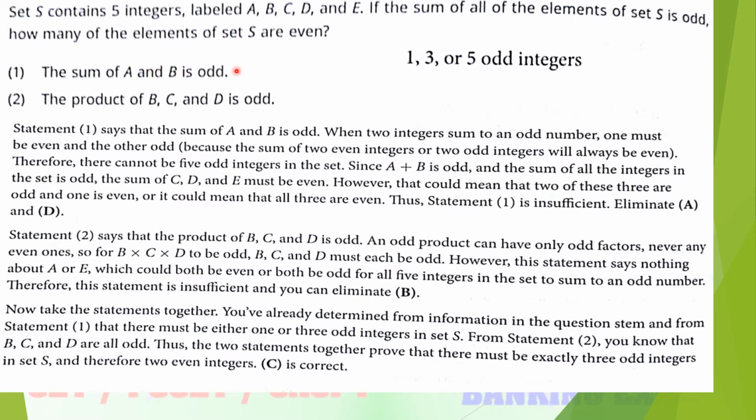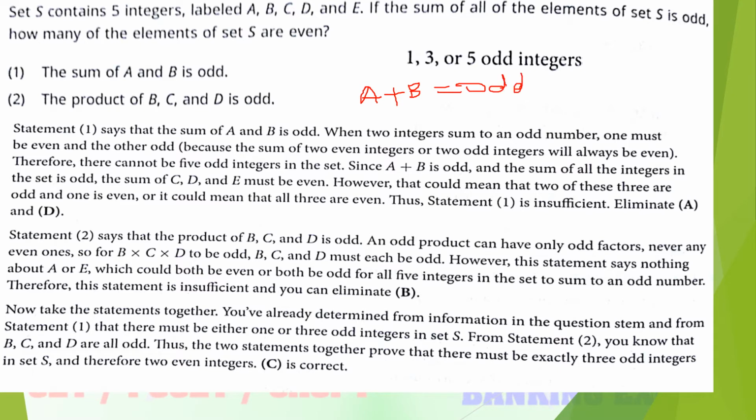I already told you, you have to remember that formula. Even plus even is even only, or odd plus odd is even only. So only if one integer is odd and one integer is even is it possible to get the answer odd.